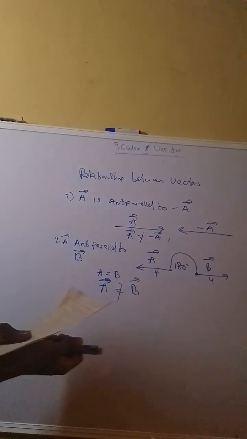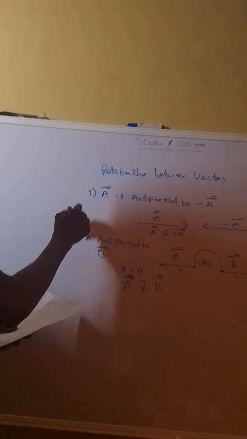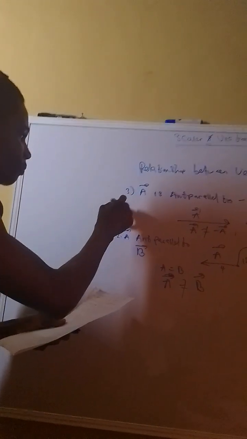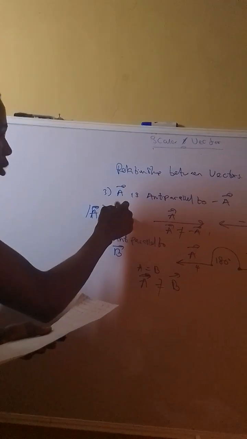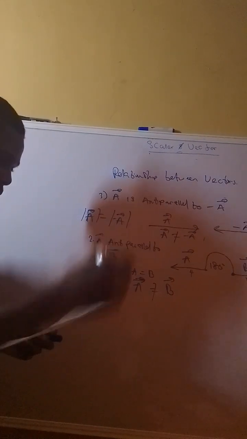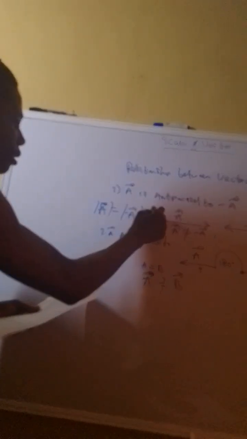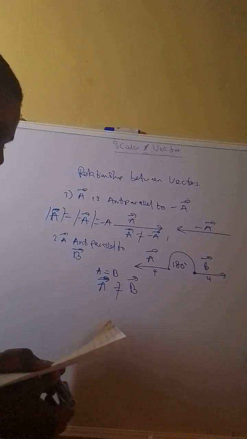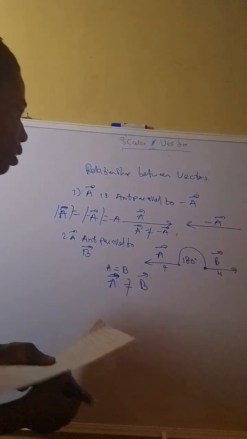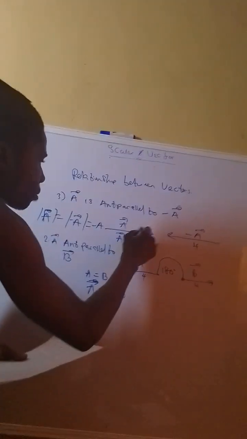So although the magnitude of vector A, more like the absolute value of vector A, can be equal to the magnitude of negative A, these vectors are not equal. Now, let's say you have a distance of 4 kilometers here and a distance of 4 kilometers here.